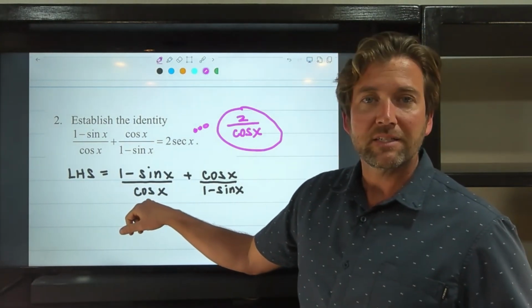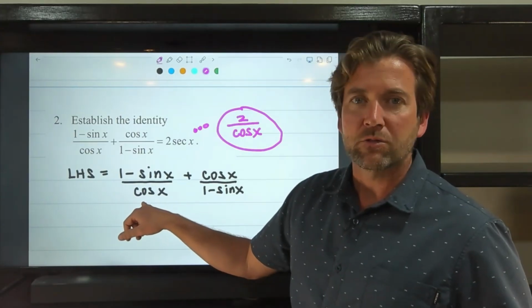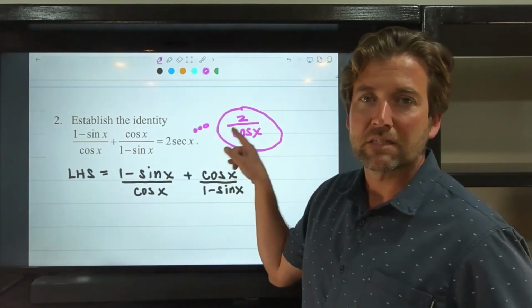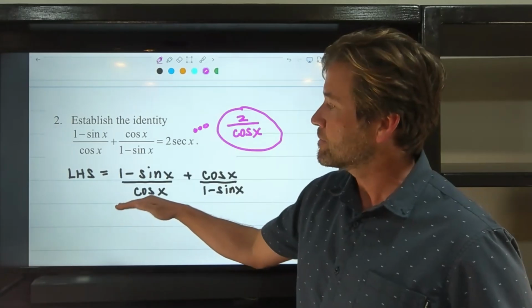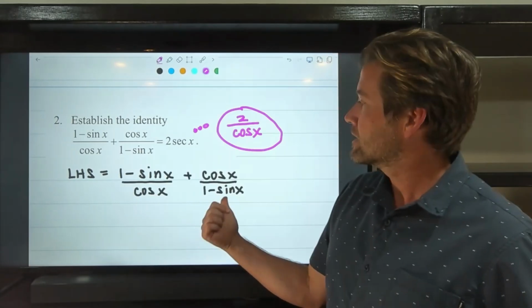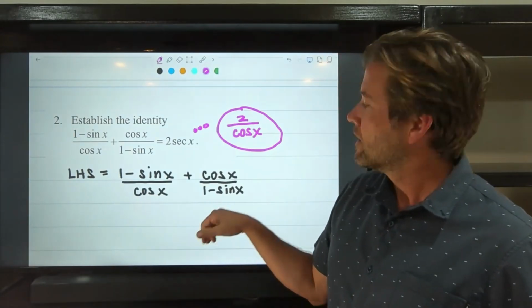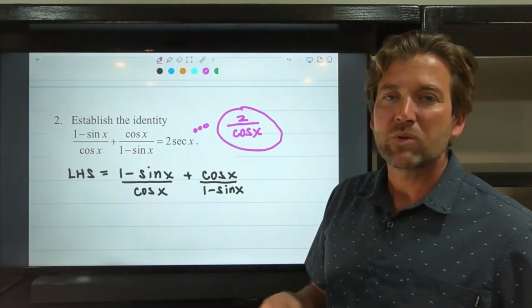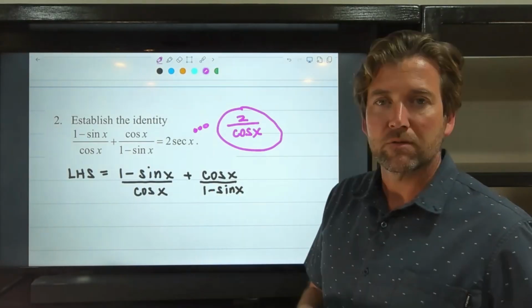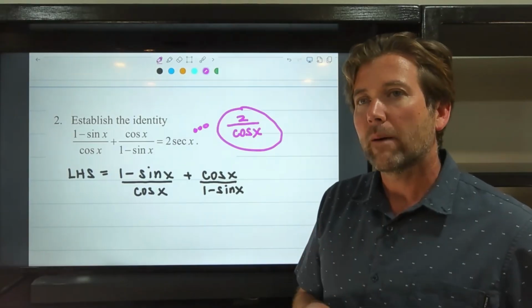So see this cosine of x? I love that that's cosine of x. I want that to be cosine of x because this right here has a denominator of cosine of x. So I want to keep this fraction alone. This guy here is bugging. The second term here, this denominator is 1 minus sine x. We don't want that. We want this to have a denominator of cosine of x. So I have 2 options.